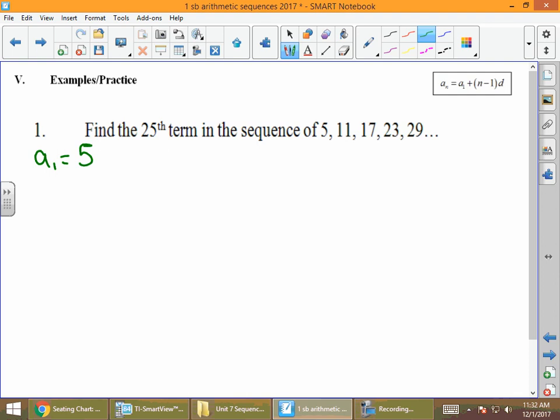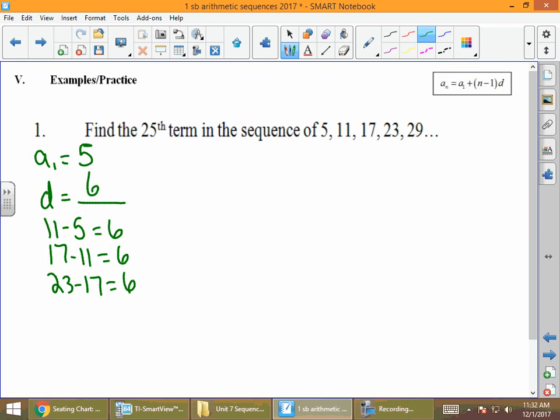We can find our common difference if we do a little bit of subtraction. 11 minus 5 is 6. 17 minus 11 is 6. 23 minus 17 is 6. There's our common difference.